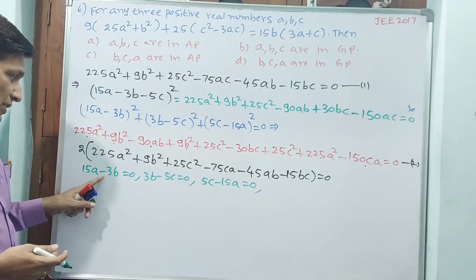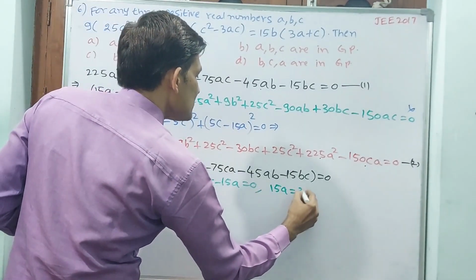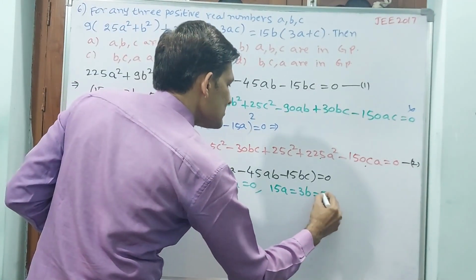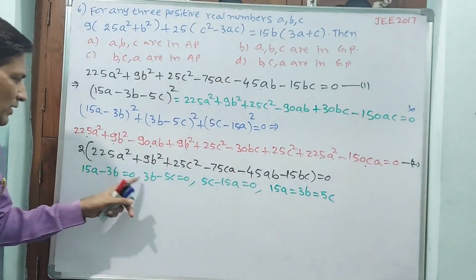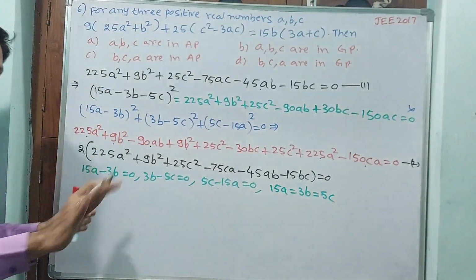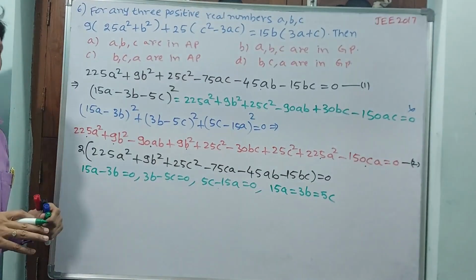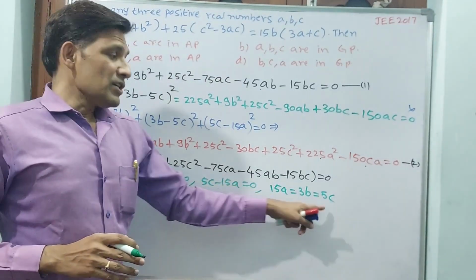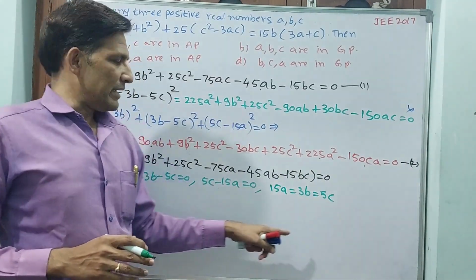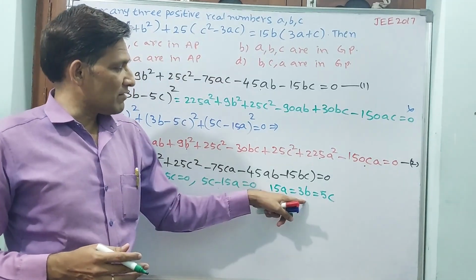Now you see, 15A is equal to 3B, 3B is equal to 5C, and again 5C is equal to 15A, already we have written, we need not write again. Now a crucial step I am doing: this is equal to the largest number, 15 into 5 is 75. You may ask, sir, 15, 3, 5 LCM we can take like 3, 5 times.